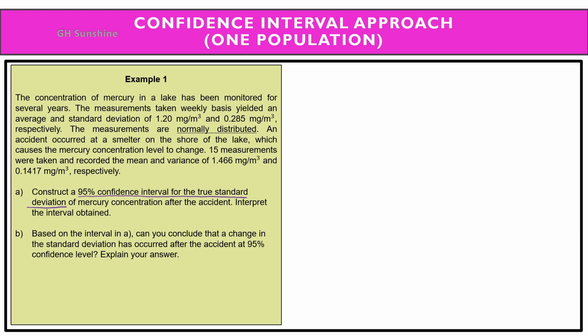First, what you need to calculate is the confidence interval for the true standard deviation. So what you need is the sample size, which is equal to 15, here 15 measurements, and then the sample standard deviation equal to 0.1417.